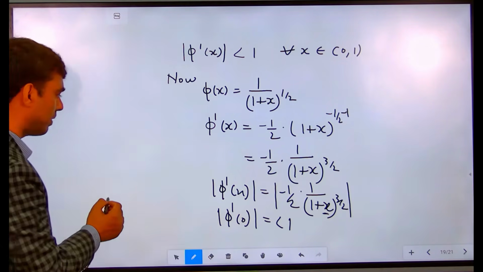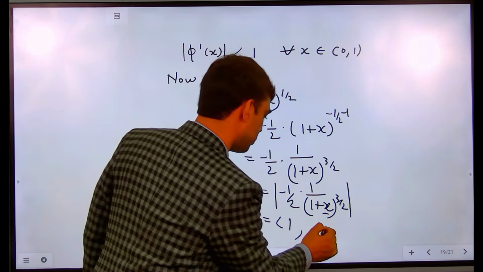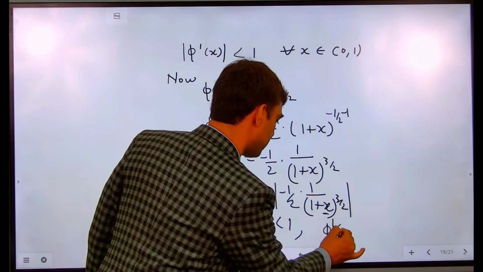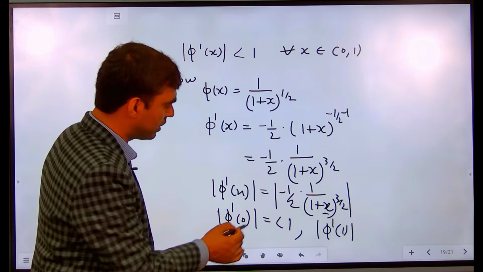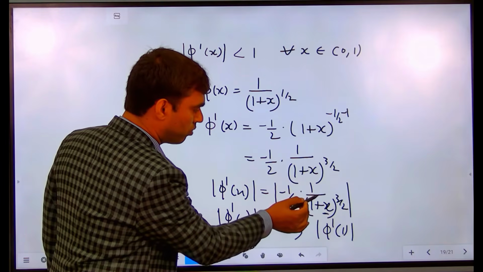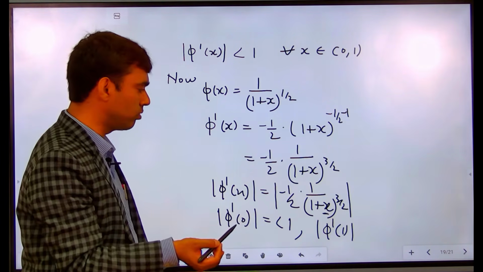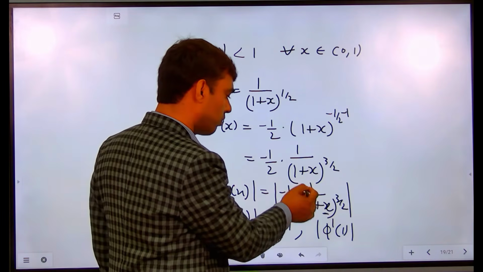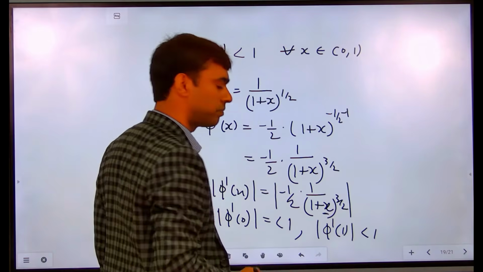Similarly, what happens at phi dash 1? Mod of phi dash 1 is minus 1 by 2 into 1 upon (1 plus 1), that is 2 to the power 3 by 2. This is again 1 by something, and again less than 1.